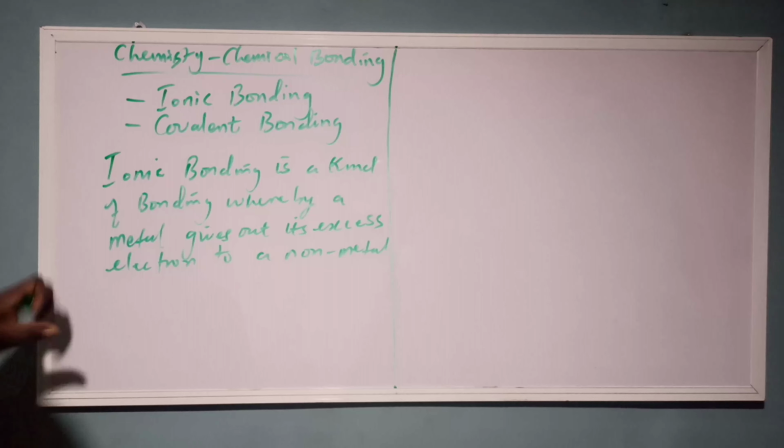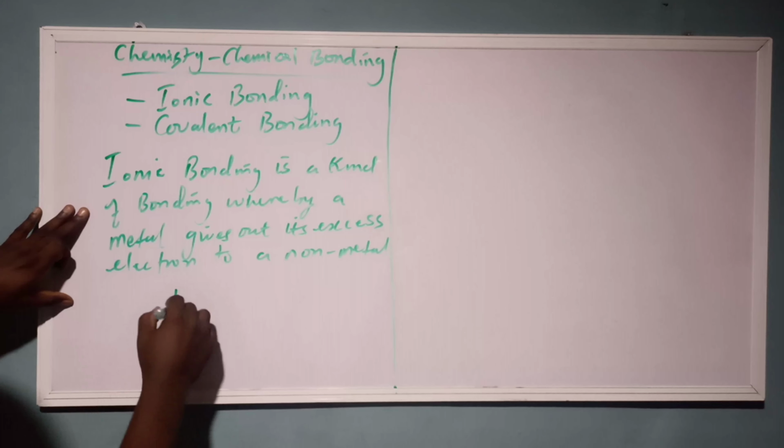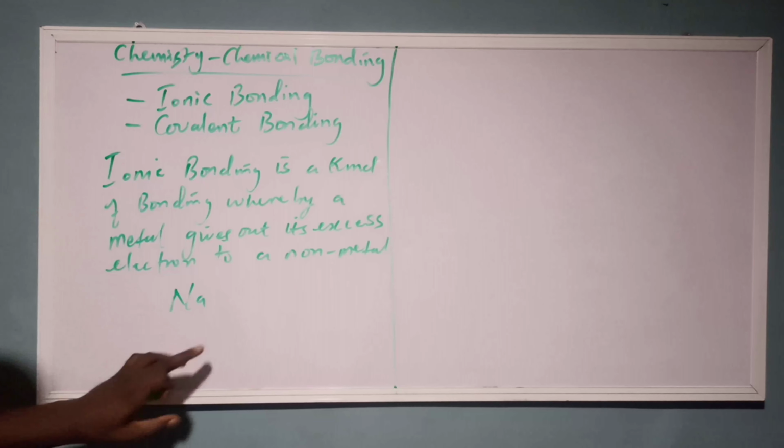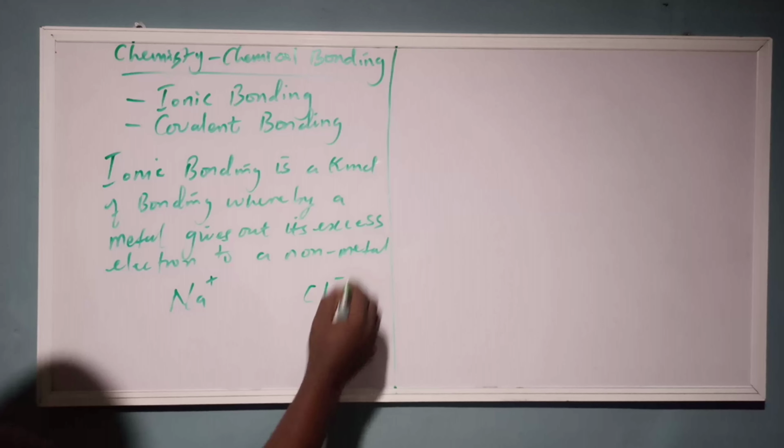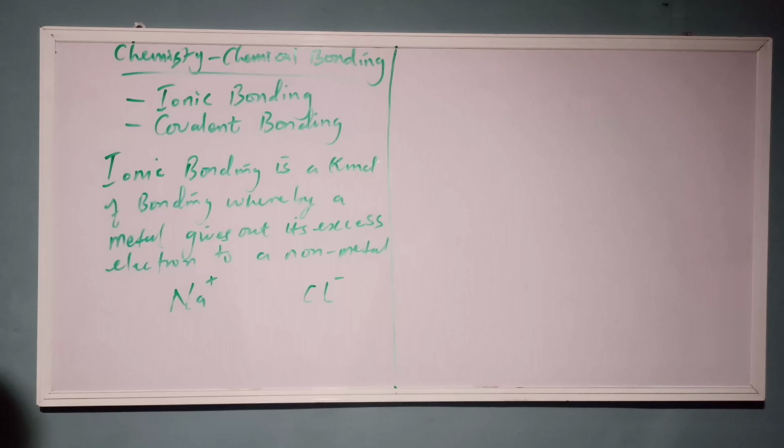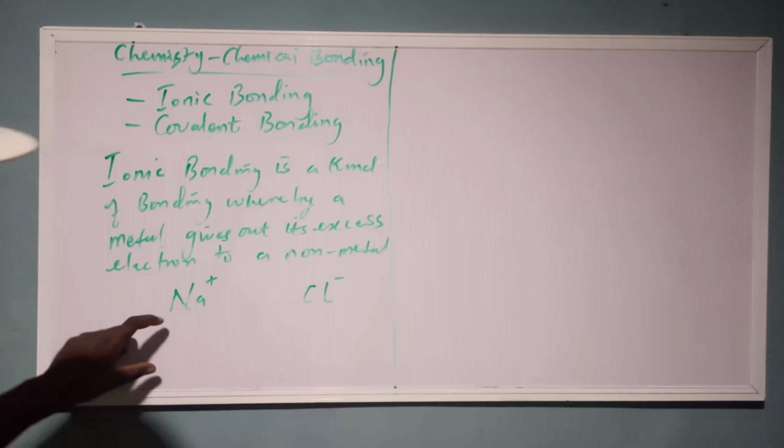So for example, we can talk about a metal such as sodium giving out its excess electron to chlorine, right? A non-metal.